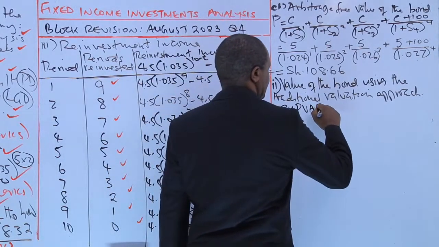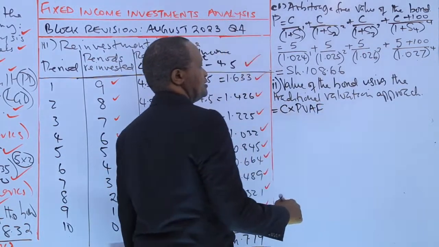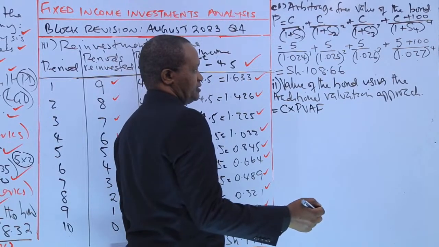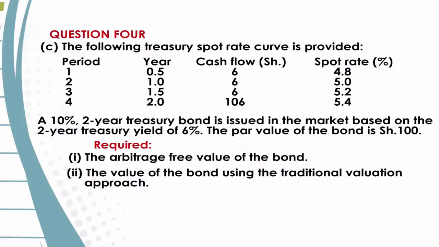R. Now our R candidates, we see from the question that this is a 10% 2-year treasury bond, and the yield is 6%. So it's going to be 6% divided by 2.